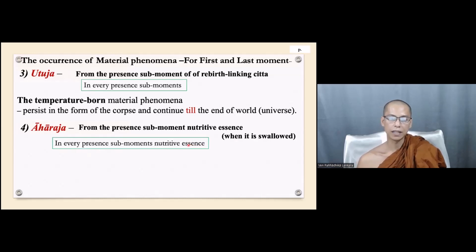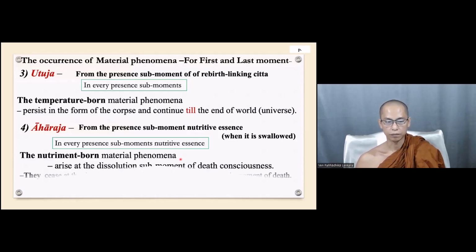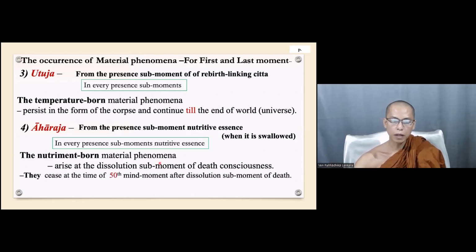It repeats in every present moment of nutritive essence. So in all four types of materiality, they continue in repetition of their production along the life. The nutriment-born material phenomena arise at the dissolution sub-moment of death consciousness.